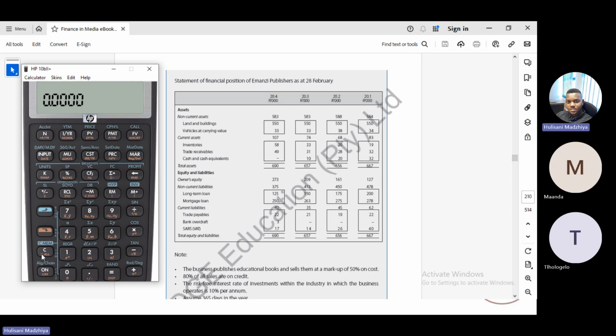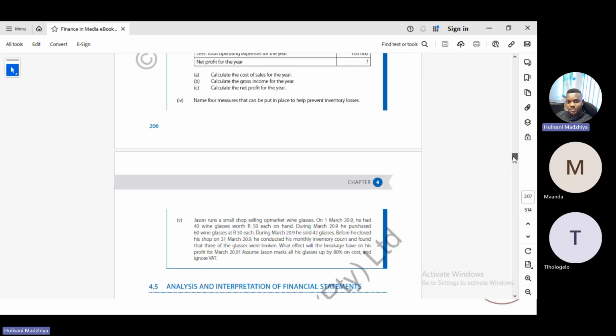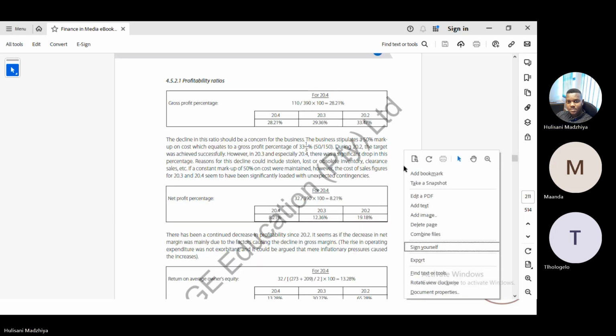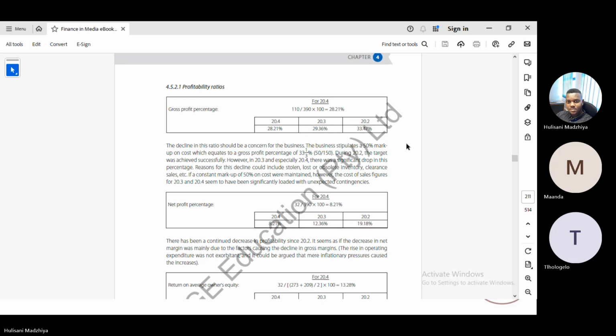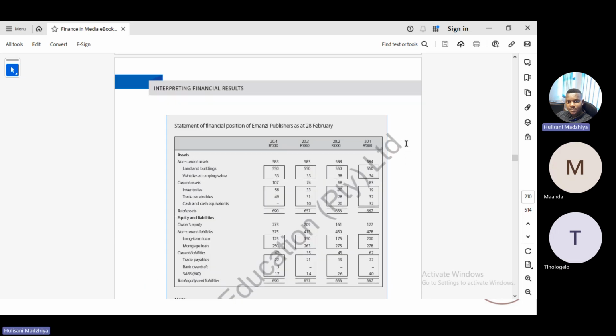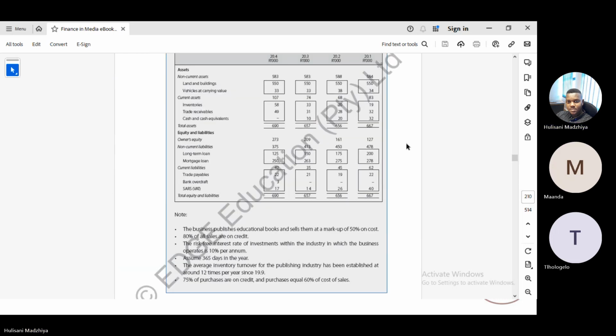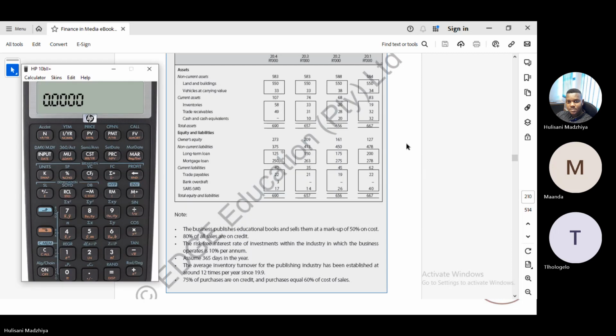So let's start with 2.2. We said the average is 144. So here we are going to say the net profit for 2.2 is 94,000 divided by the average. The average is 161 plus 127 divided by 2, giving us 144.